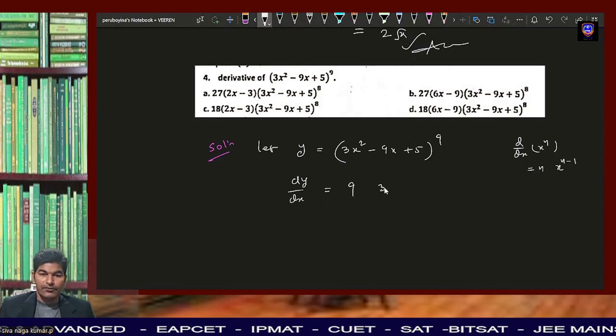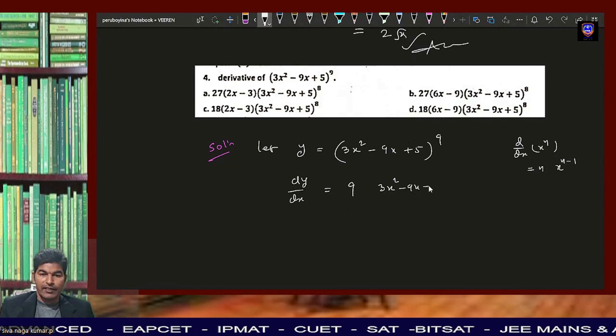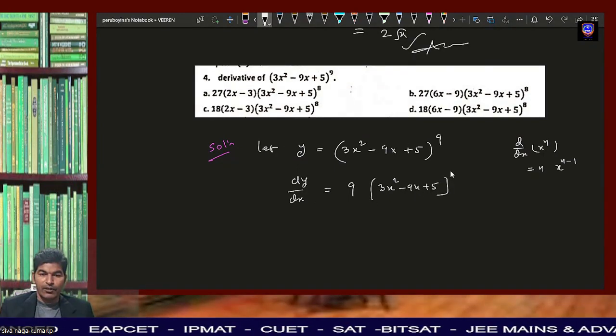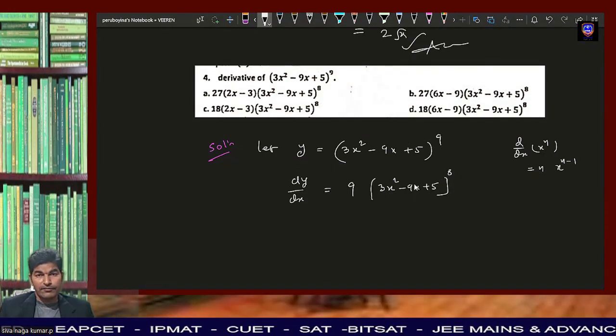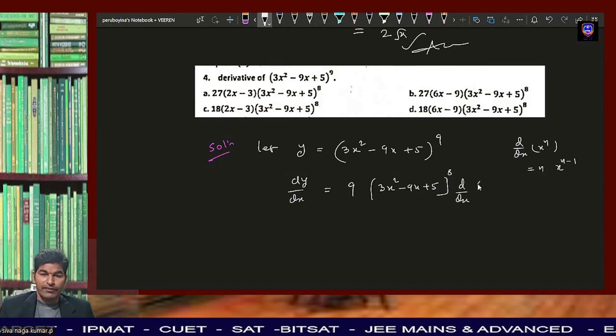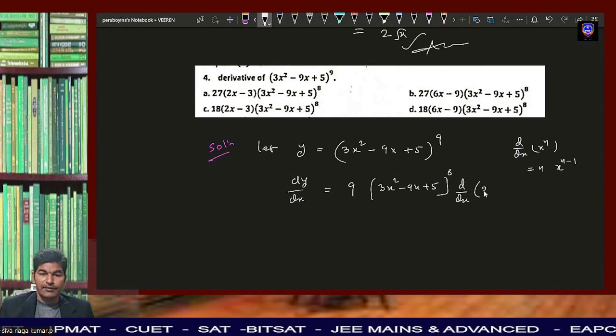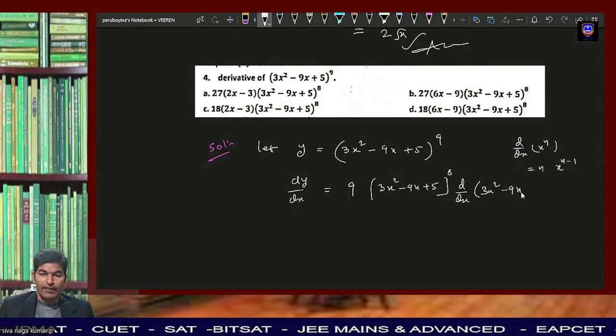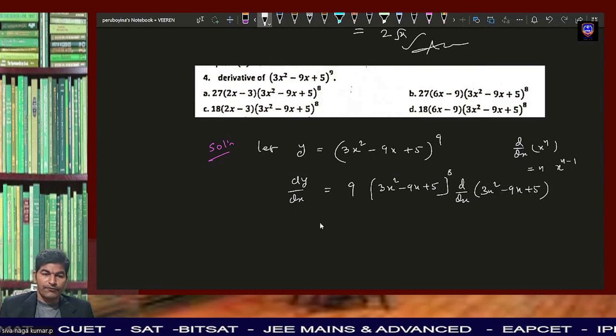Similarly, 9 into 3x square minus 9x plus 5 whole power 8. And this is not just x, so we have to differentiate this 3x square minus 9x plus 5.